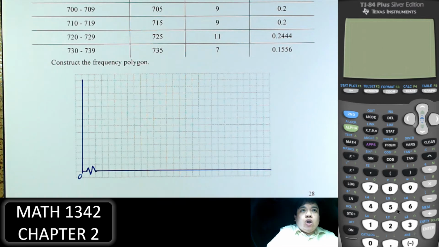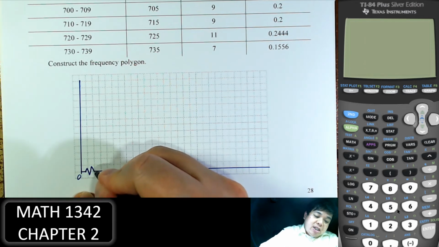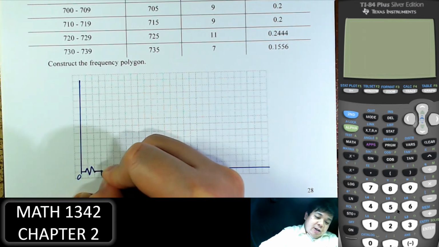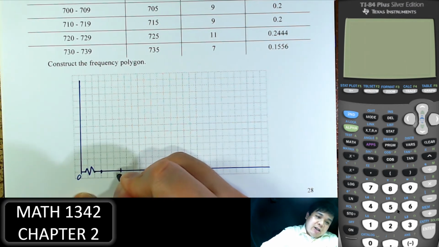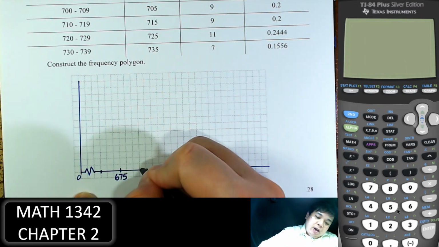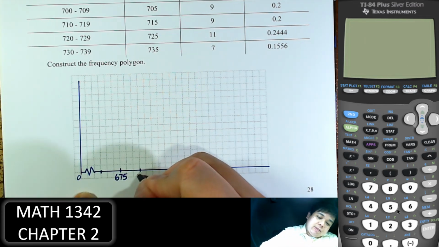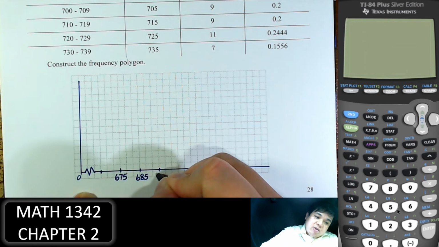Where do we plot that? We don't put it immediately, we just skip the first one, and that is the class midpoint. Now we just write the class midpoint.